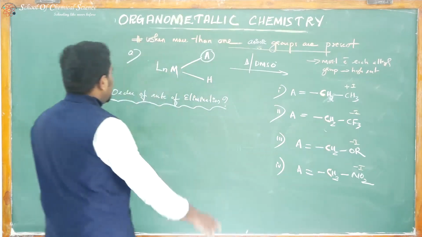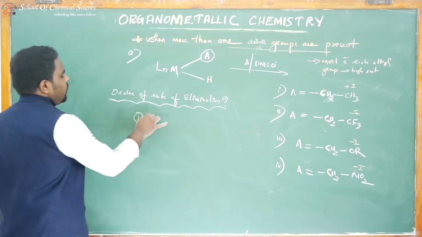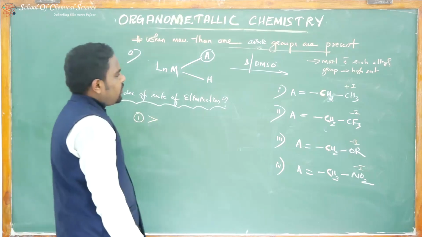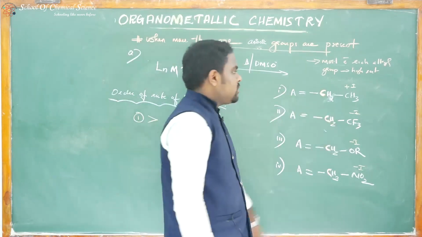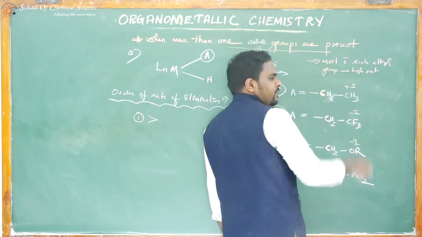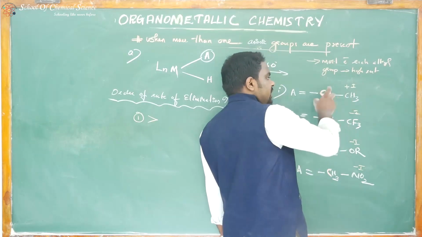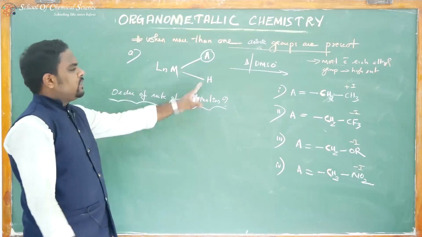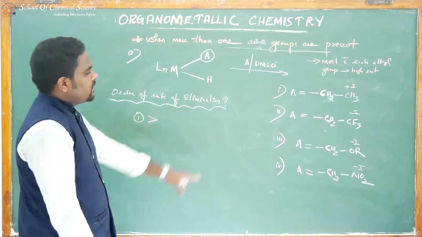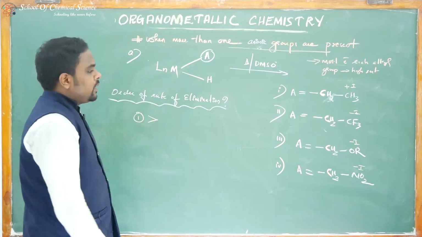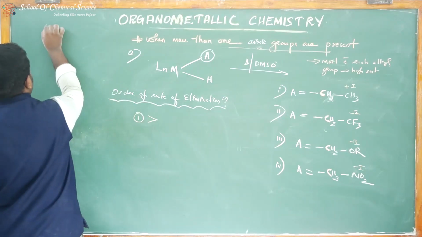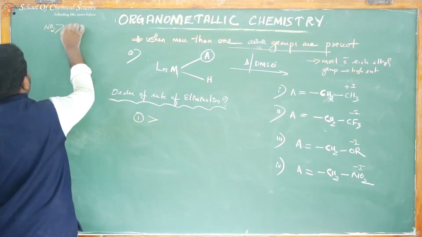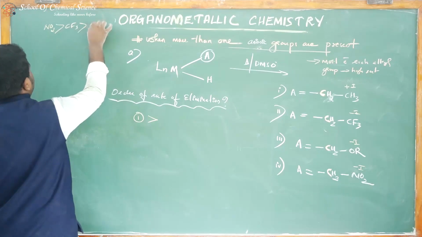So definitely in the order of rate of elimination, 1 is greater, because the first one has the highest rate, as this methyl group has a plus I effect. So the electron richness of this carbon is very high, so that will be eliminated along with the hydrogen. Then comparing these, all are withdrawing groups.